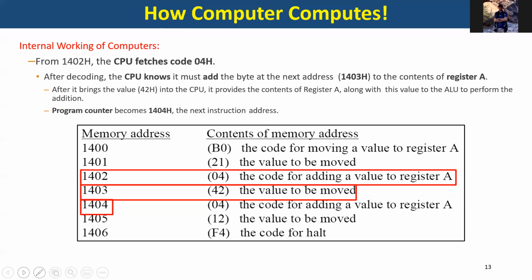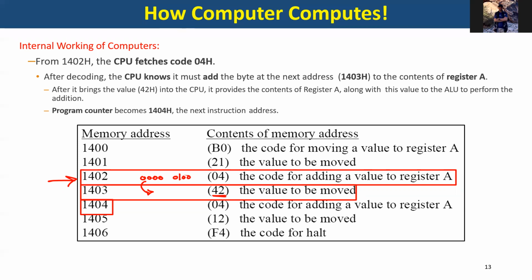Again, when the computer grabs the next instruction at 1402, the instruction decoder will interpret that code, which is 04, and the computer will understand that this means you should add some number to A. Where is this number? This number should be in the next location. So it will grab it from the next location, which is 42.